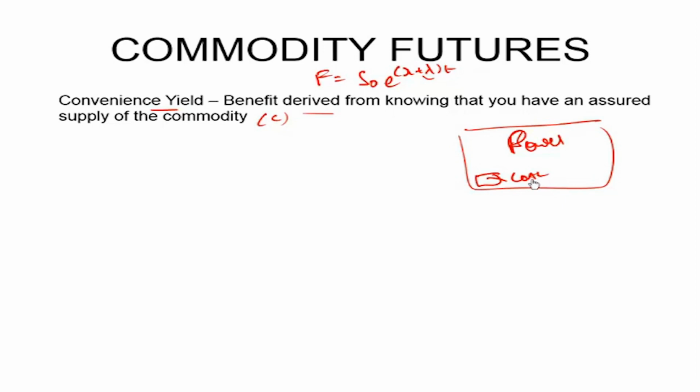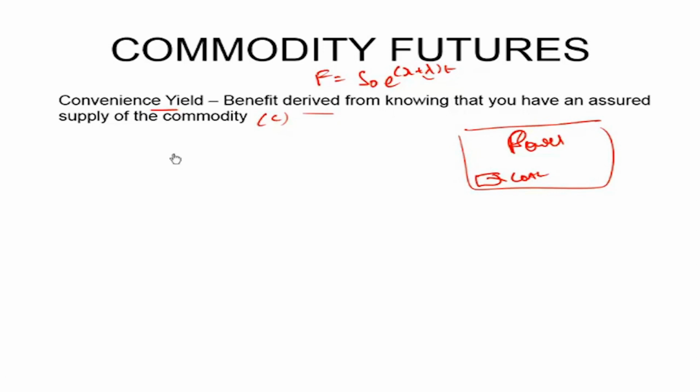Even though coal may have significant storage cost, I have to protect it from moisture, I have to make sure it can be transported, but if I run out of coal for even 1 minute, then my entire investment goes waste. So would I mind incurring some storage cost in order to ensure a smooth supply of coal? Not really, because the convenience yield from owning the coal is very high.